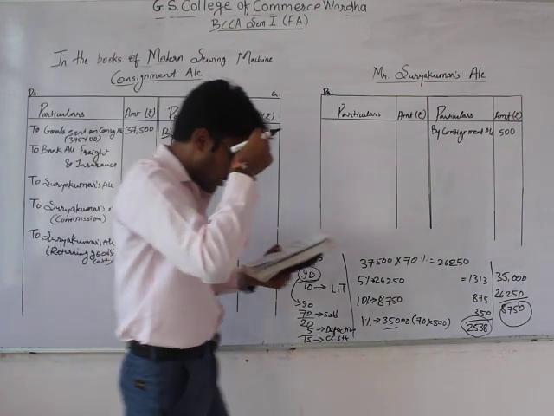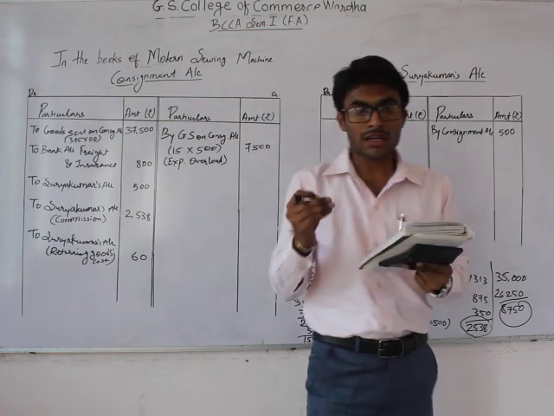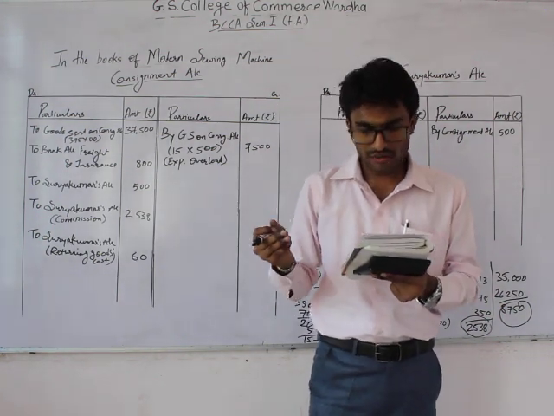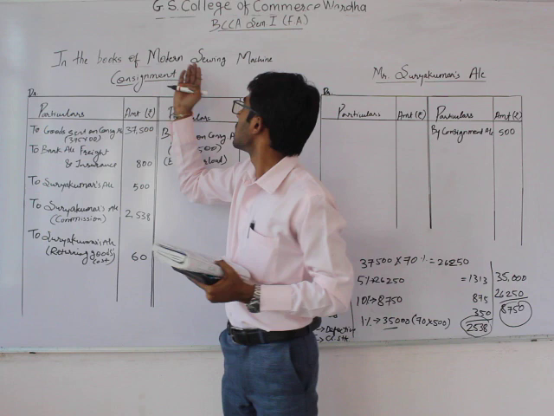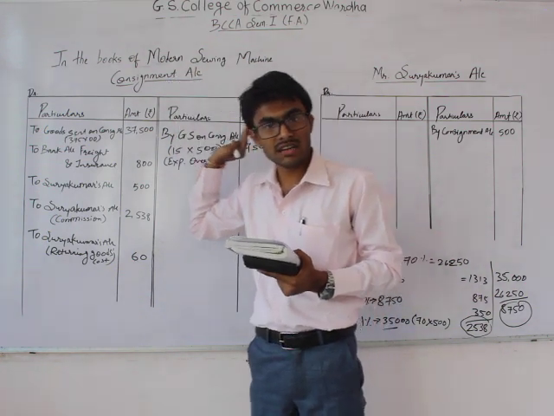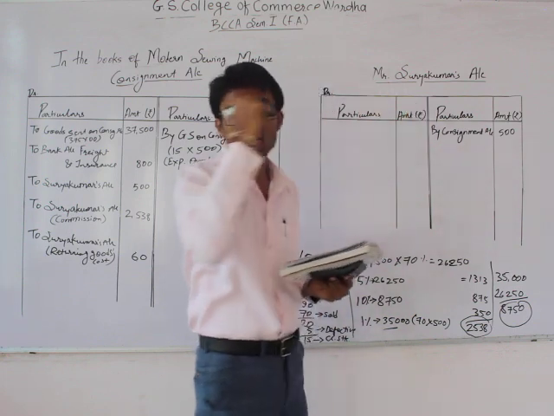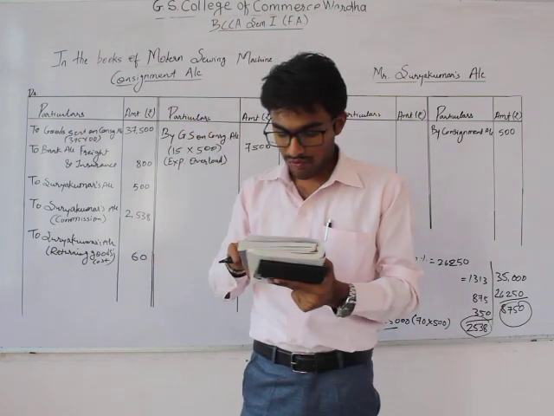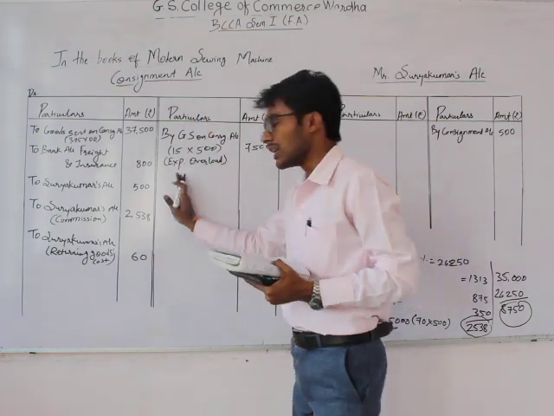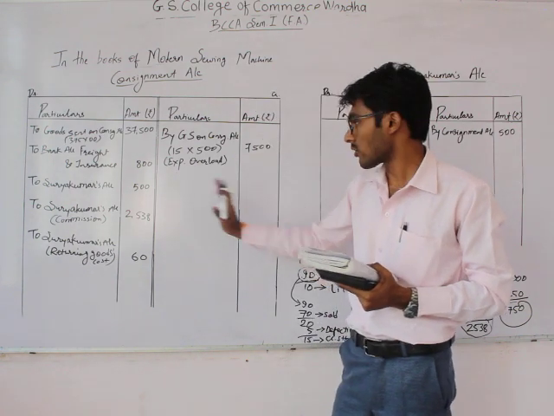Then we have the return. We have taken back 5 machines of the modern sewing machine from Surya Kumar because they were defective. So we have to detach those 5 machines from this account.